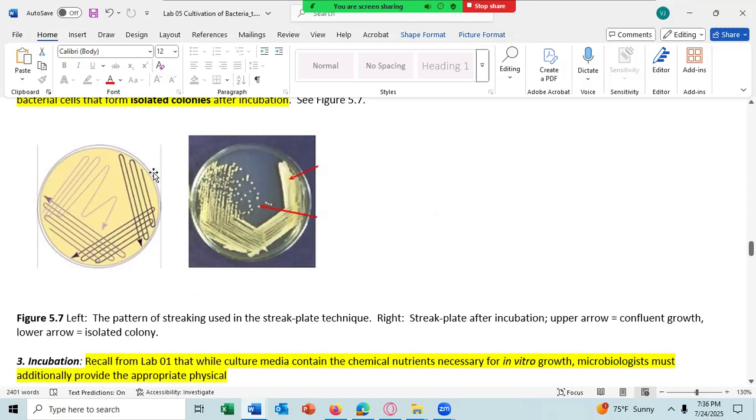And then you take cells from an isolated colony on the second plate. And even then, it's not guaranteed to be pure. You won't get 100% of the colonies to be pure, but it'll be greater than 95% chance that that colony will be pure. And that's good enough in microbiology.